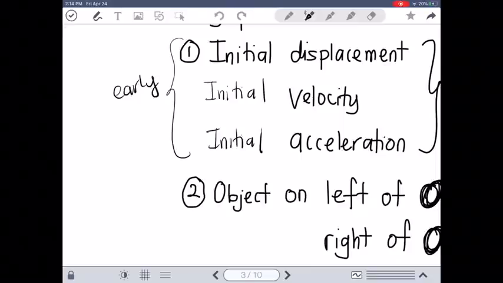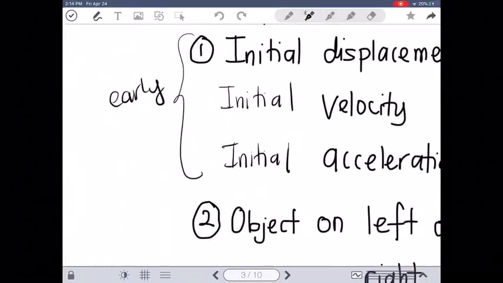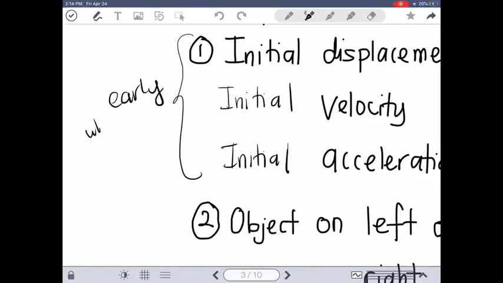It's early displacement, early velocity, early acceleration.